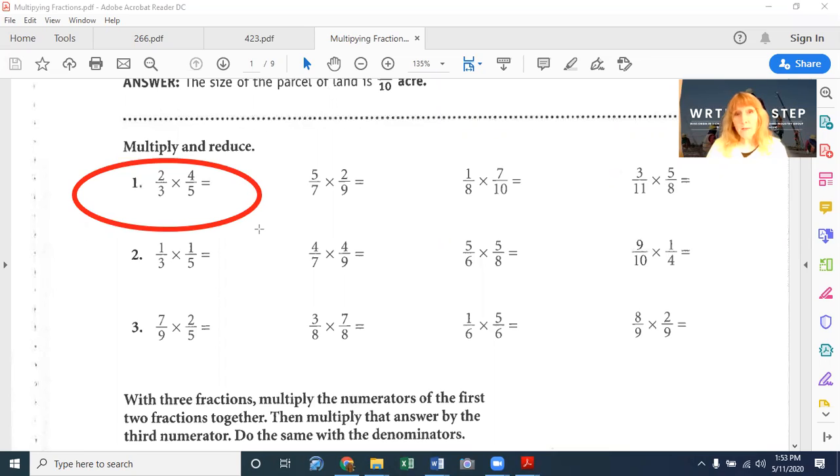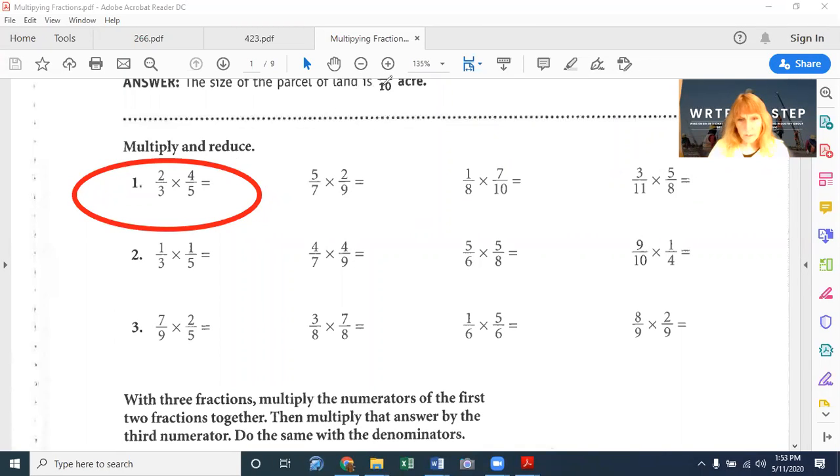You're going to find that multiplying fractions is actually a lot easier than adding or subtracting fractions, because the bottom numbers, the denominators, do not have to be the same with multiplying fractions or with dividing fractions, which is the next packet. You don't have to worry about getting that common denominator. All you do is multiply the top.